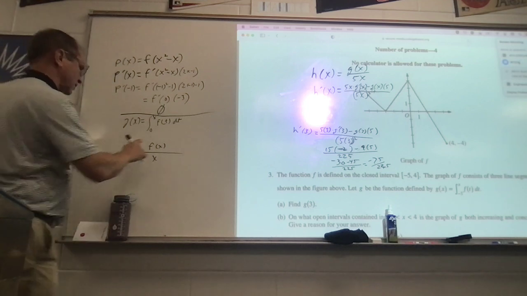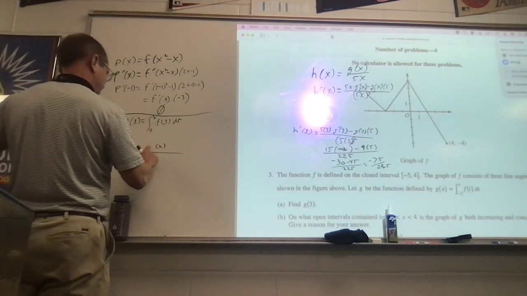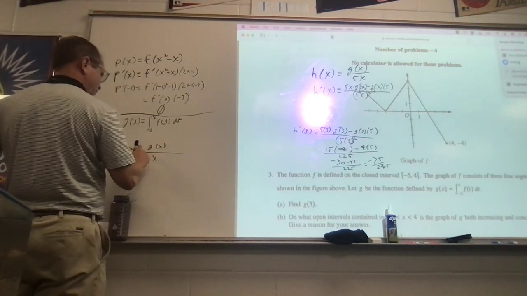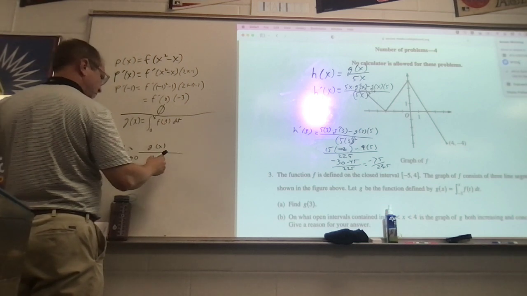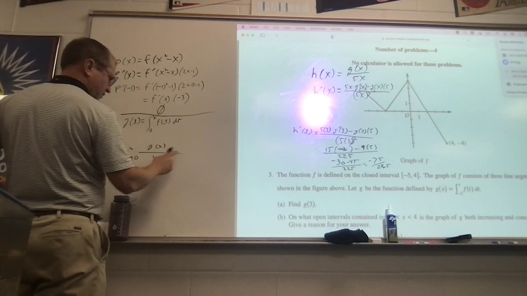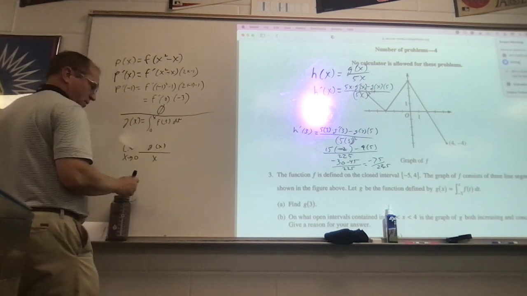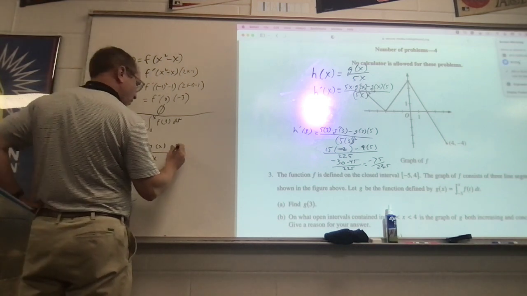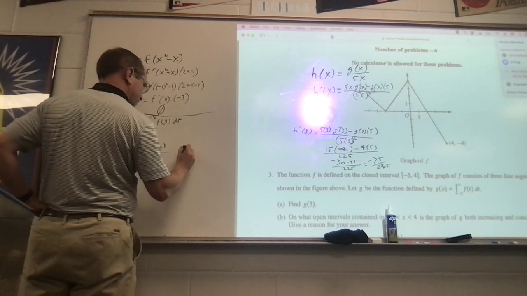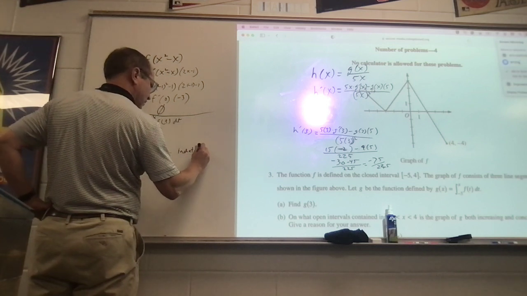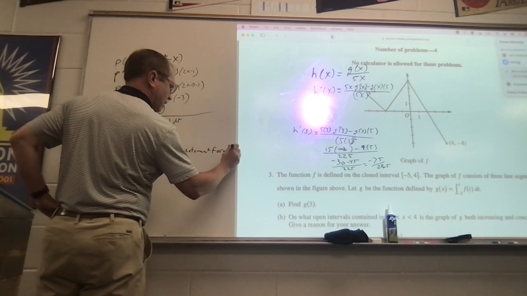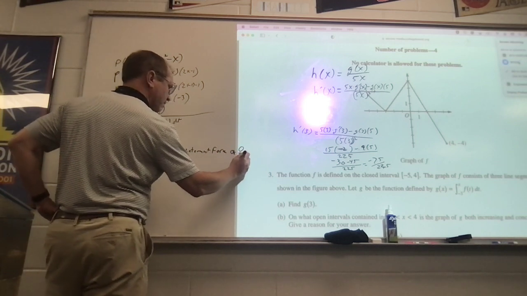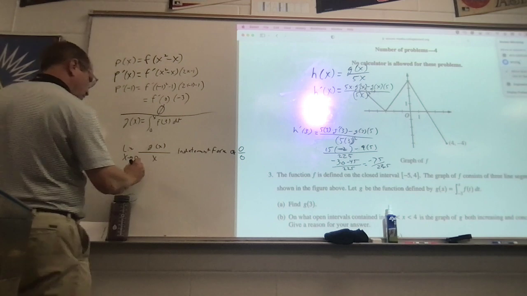So we want to know the integral from 0 to 0. Well, that's going to be 0. So we get 0 over 0, which yields an indeterminate form of 0 over 0.